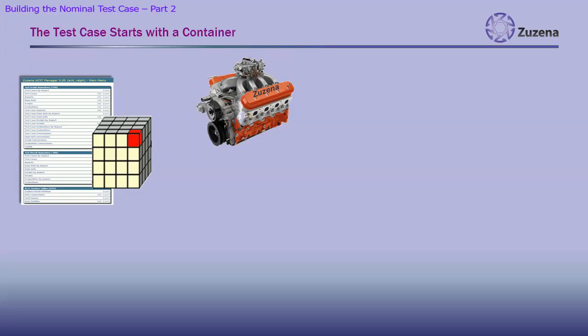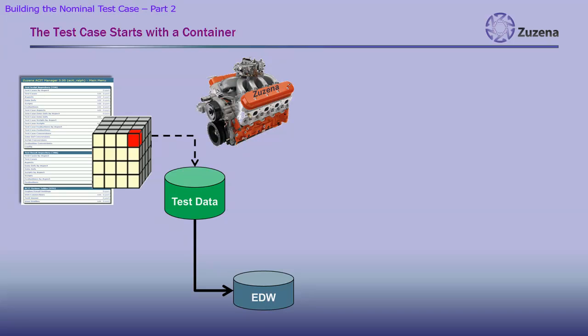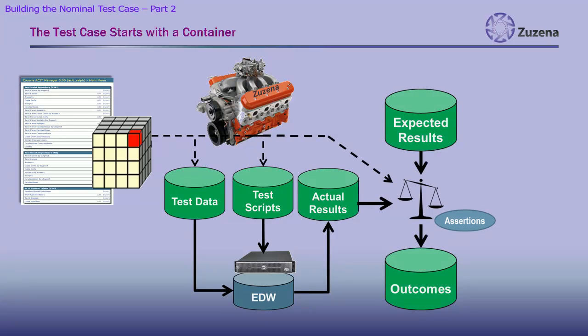No matter how you ask Zuzena to execute a test case, it always looks for source data to stage, ETL to call, and then finally a target schema with new data to evaluate for pass or fail. We need a place to declare all these components. That's the purpose of the test case container.